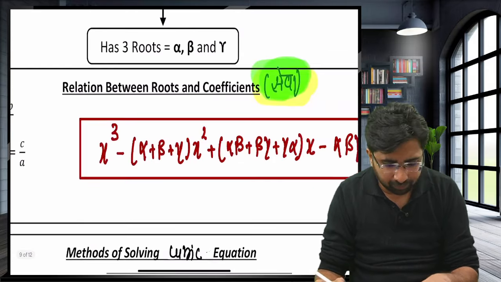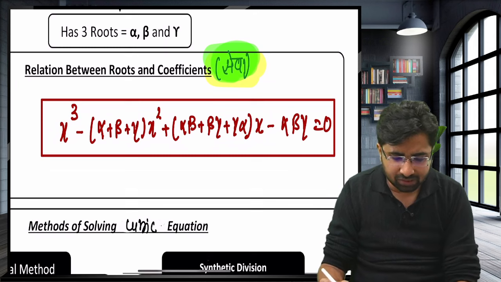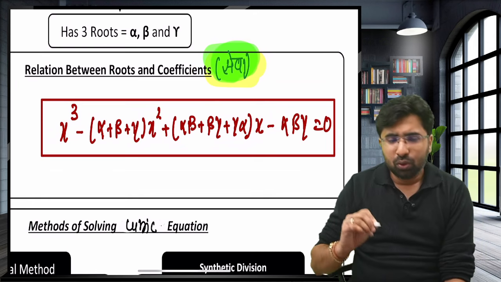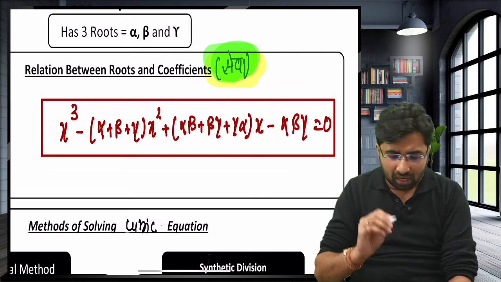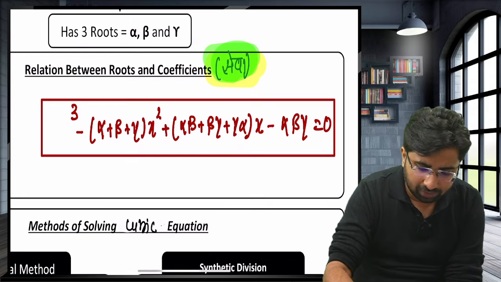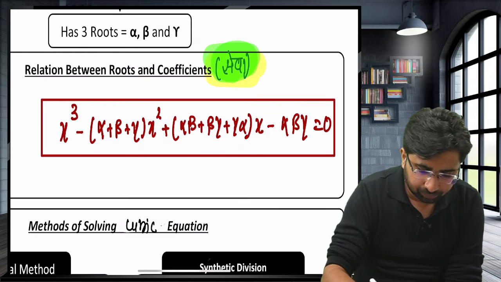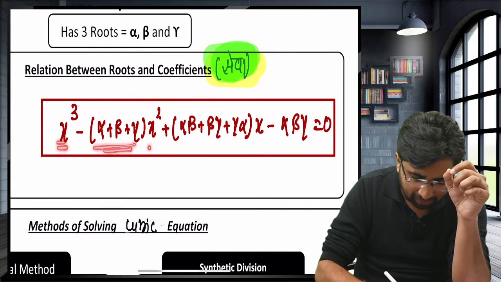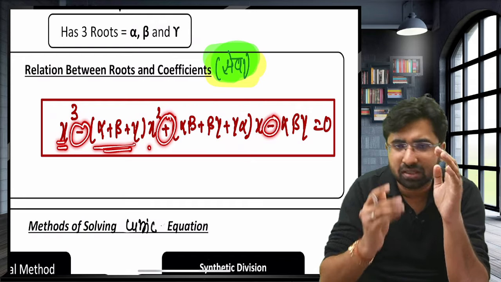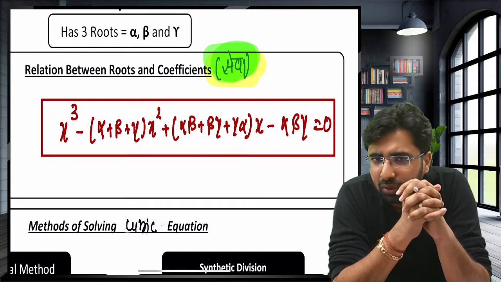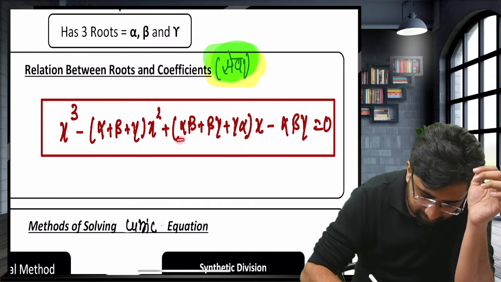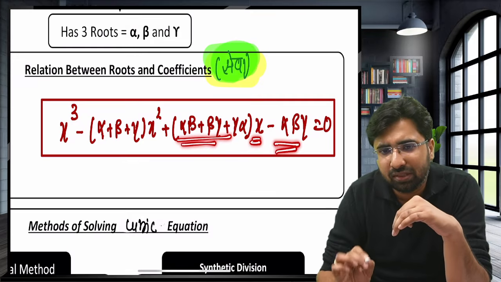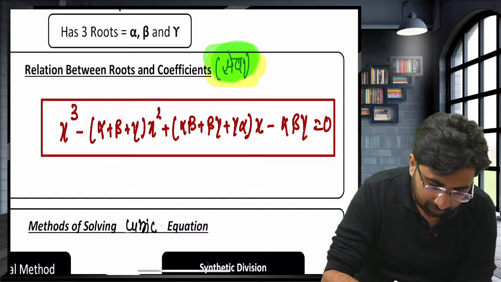In the same way, what if in the cubic I ask you to form the cubic equation whose roots are given? So how to do this? X cube minus sum of the roots into x square plus cyclic into x minus product of the roots equals 0.